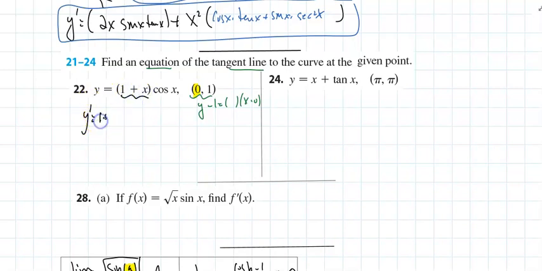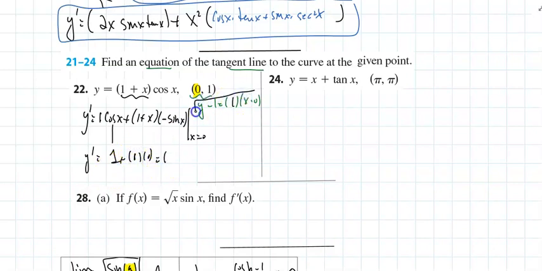Derivative of the first times the second, plus the first times derivative of cosine is negative the sine of x. Evaluate it at x equals 0. Y prime will equal cosine of 0, which is 1, minus 1 times sine of 0, which is 0. So I'm left with 1. There it is, done deal.